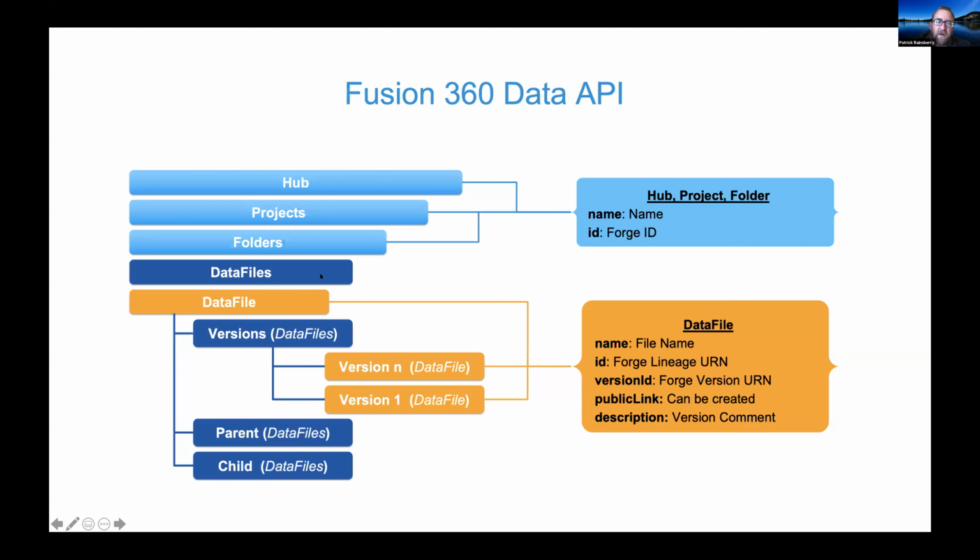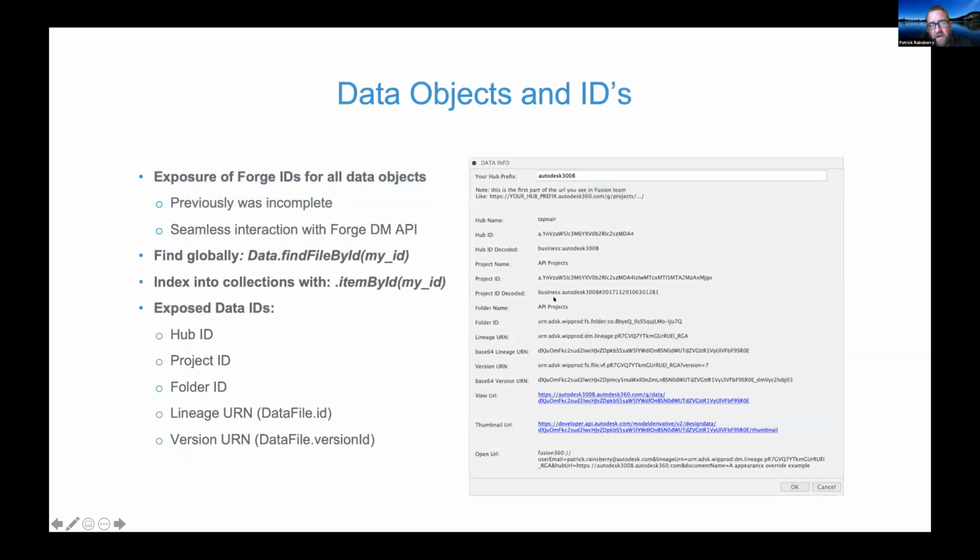And all these ones up here have different ways that they represent the IDs for folders, projects, and hubs. Again, the ID parameter on all of these will give you back the appropriate Forge ID.